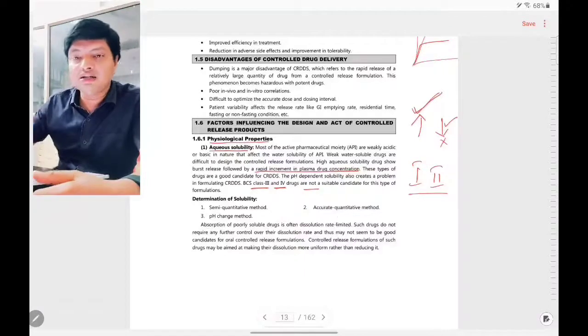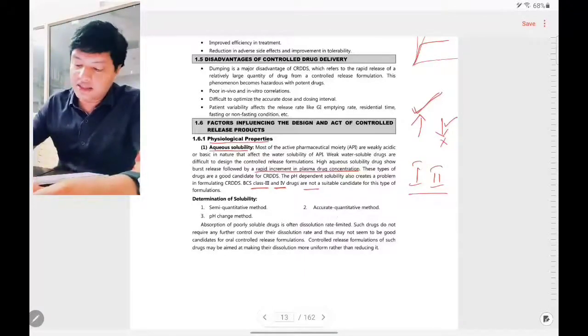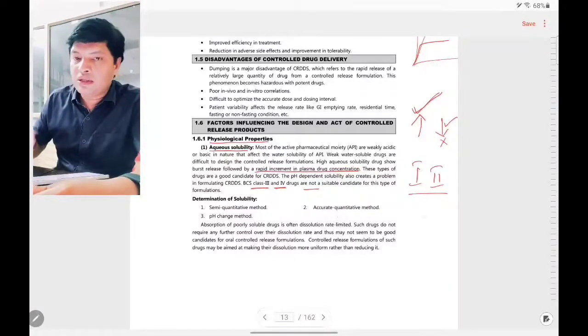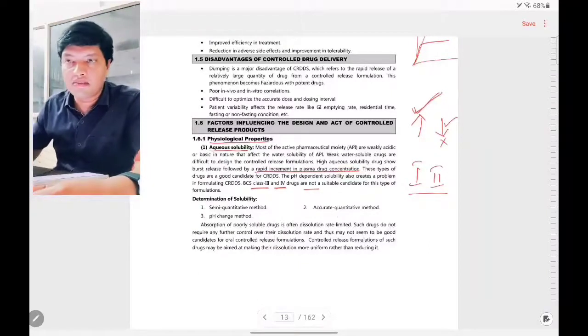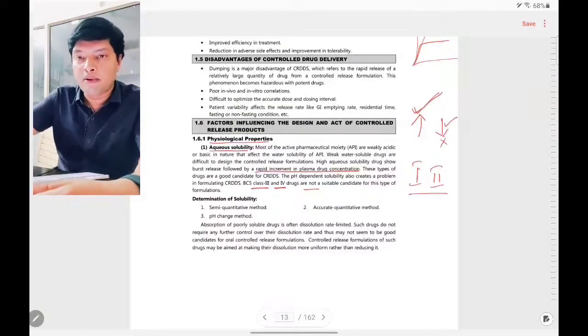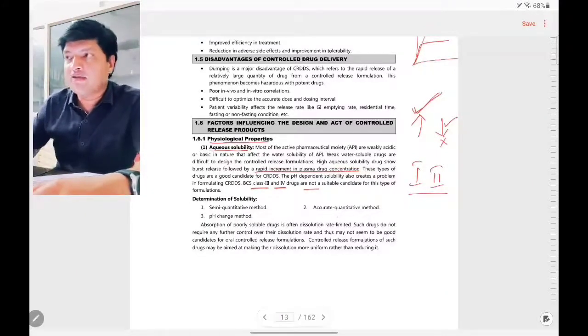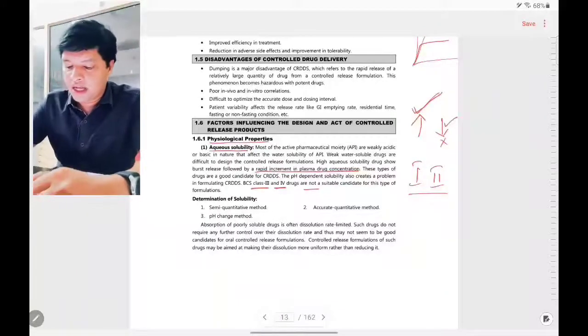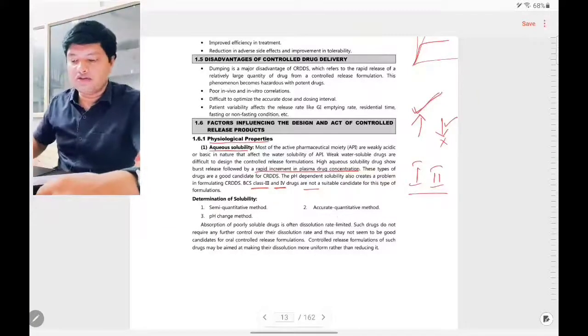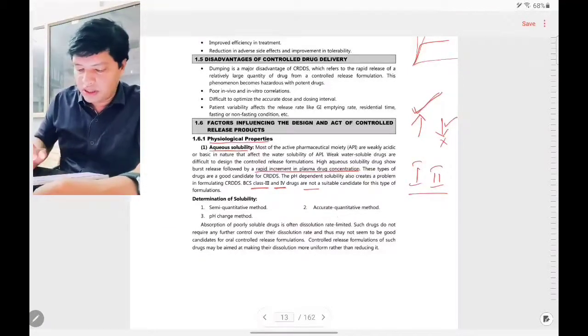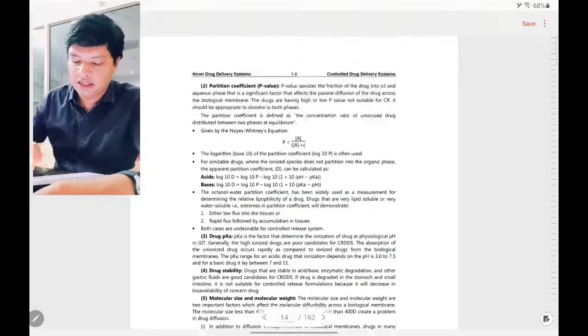Class 3 drugs are having high solubility but the permeability is low. I said I can control only the release of drug from the dosage form, but I assume that it has good permeability for the absorption. Even though it is having high solubility, if the permeability is not there, then I can't design it in the controlled release dosage form. So this is what is about aqueous solubility of the drug.